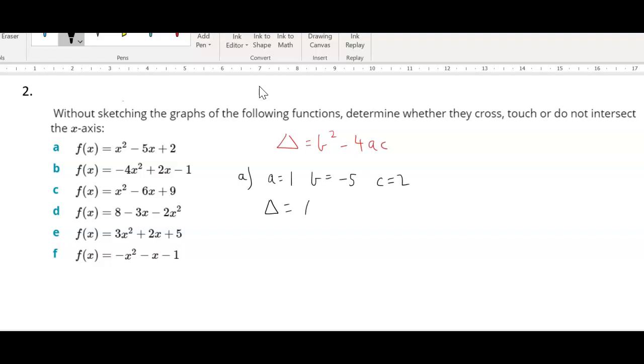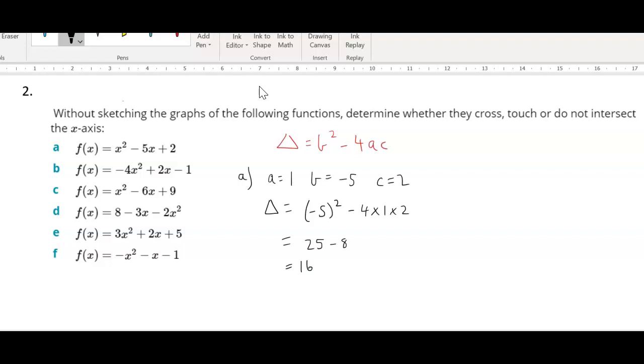All right, b squared, so we've got -5 squared. Make sure you put that -5 in its bracket because we're squaring the whole thing. Then minus 4 times 1 times 2. I didn't put that in brackets because there's no negatives, but you can if you like. -5 squared is positive 25. 4 times 1 is 4, times 2 is 8, so we're going to have minus 8, which is 16.